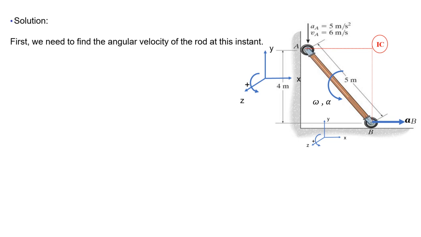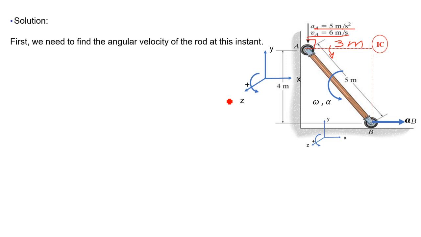We said that the link AIC, or the R AIC here, is equal to 3 meters. This will help me a lot because I know that the velocity here is 5 meters per second, sorry, 6 meters per second, and that's perpendicular to that link, so I can find the omega of this link.